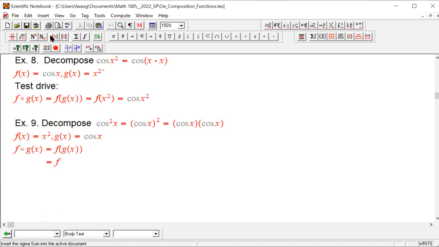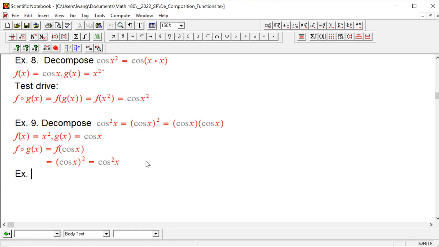So now f of g, what is g? g is cosine x. And f takes whatever the input is and squares the input, right? That's what f is. So therefore, we get the input being squared. And of course, that input is just cosine x, so we get cosine squared x. These two examples are very telling about the importance of order of operation.